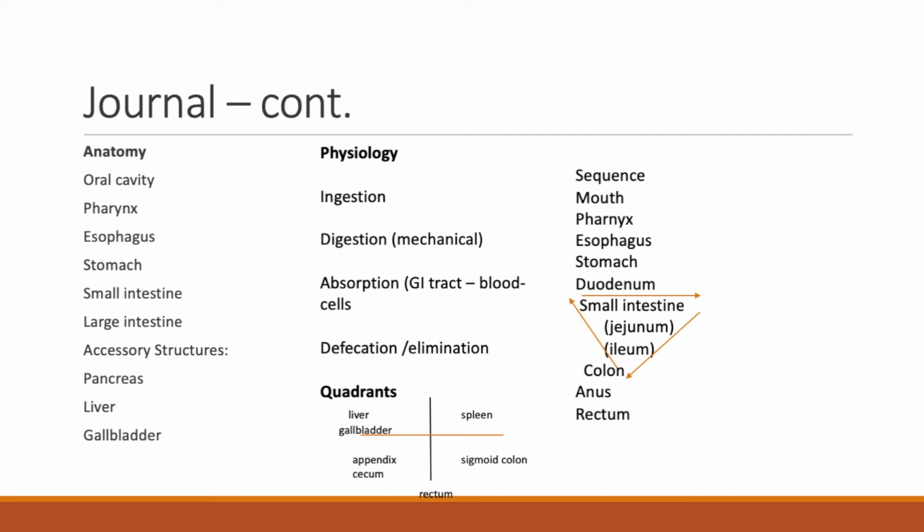Okay, the next part of your journal, you'll have 3 columns again. So the anatomy is the oral cavity, pharynx, esophagus, stomach, small intestine, large intestine. Your accessory structures are the pancreas, liver, and gallbladder. Again, this is part of your journal, so you'll write these in. You can write them in 3 sections on 1 page.